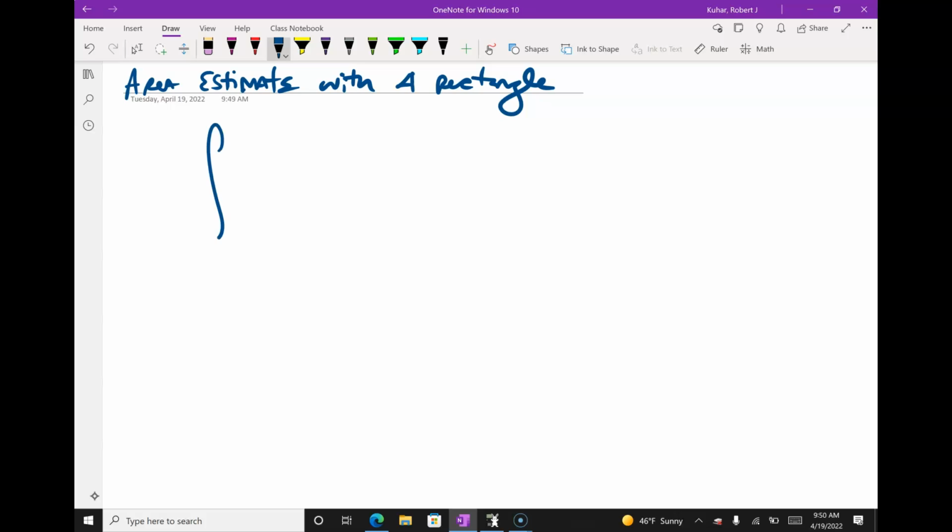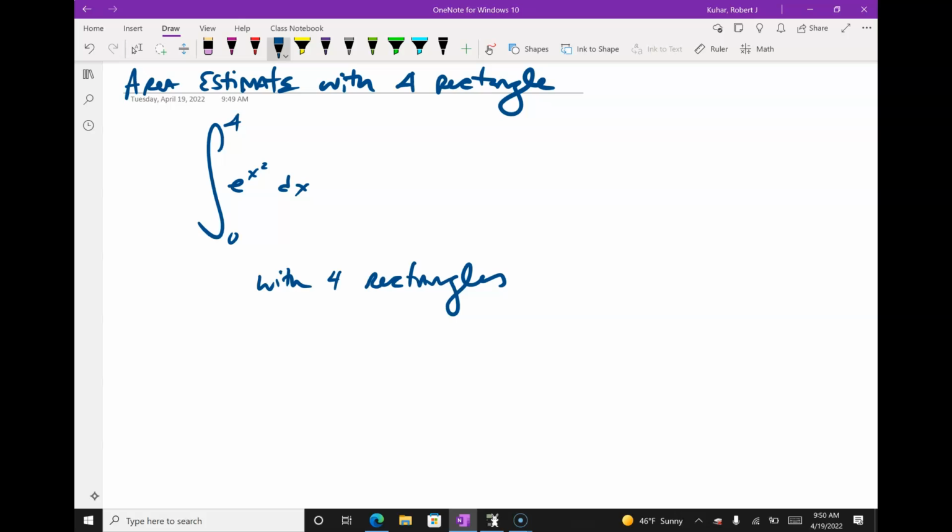How about the integral of e to the x squared dx from 0 to 4 with 4 rectangles? So it turns out that this one we can't do. We can't do this integral, but I can estimate the area.